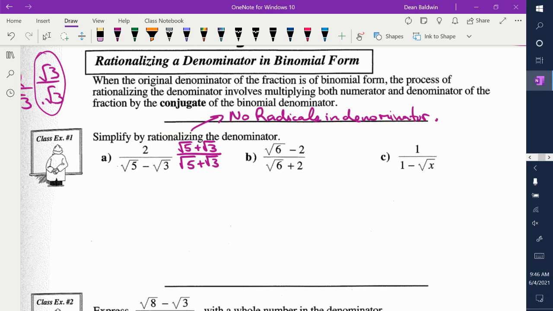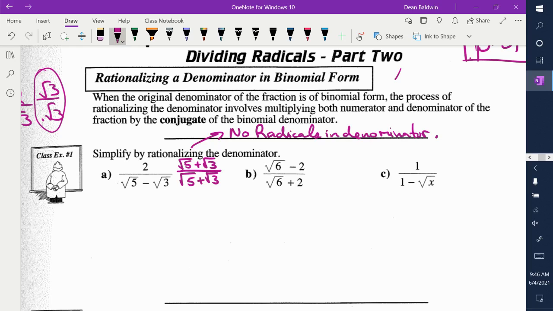Okay, this is where, if you remember the formula for conjugates, it makes your life easier. Because remember, the formula is a minus b times a plus b equals a squared minus b squared, right? So the bottom is going to be root 5 squared minus root 3 squared.